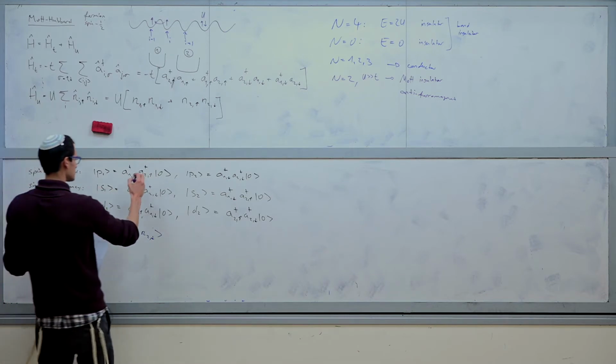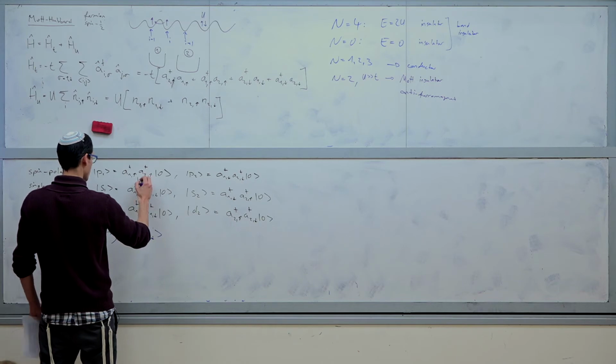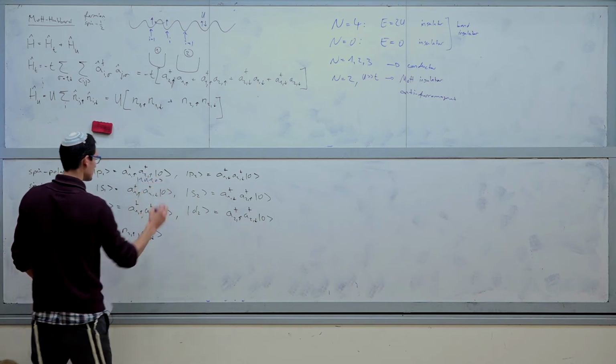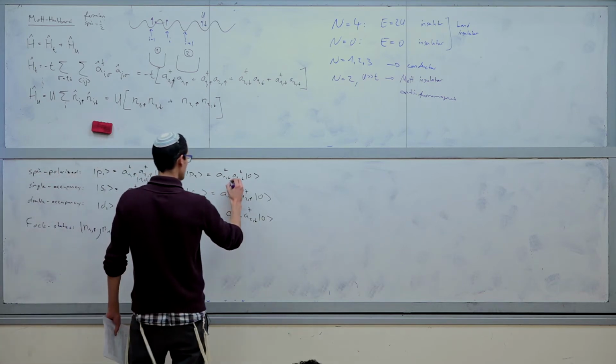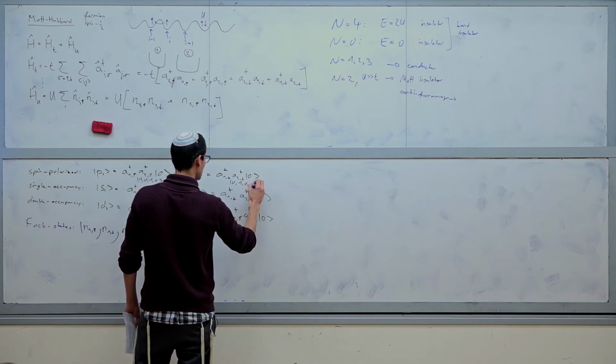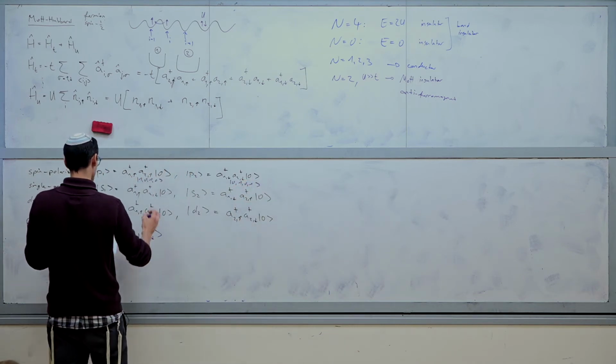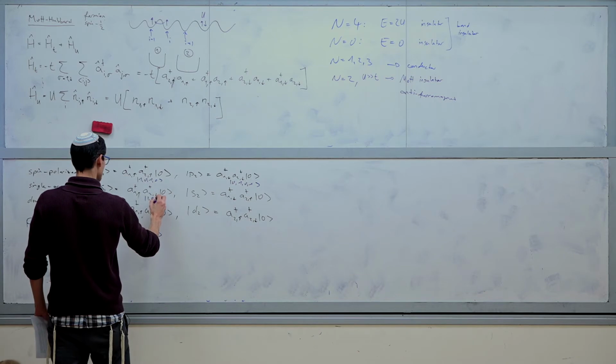So then this is state 1, 0, 1, 0. This will be state 0, 1, 0, 1.